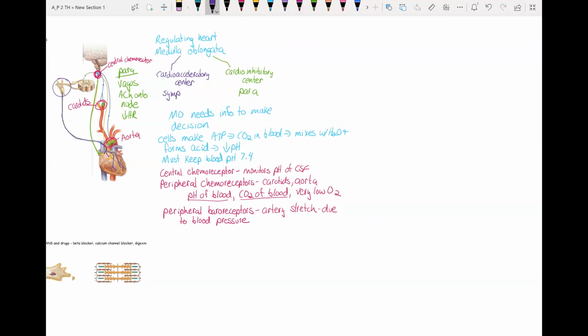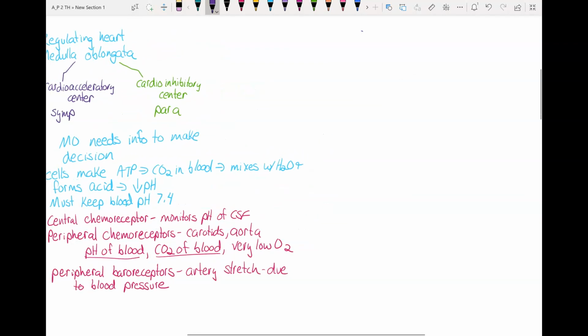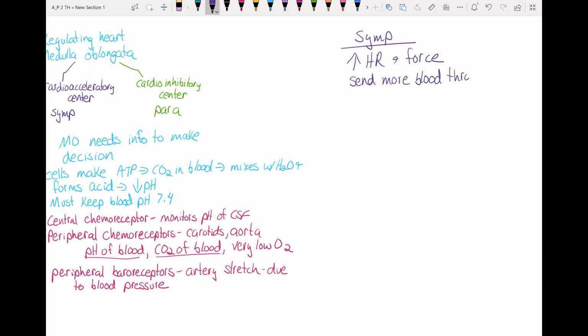If we use sympathetic, sympathetic is going to increase your heart rate and your force. This means you will send more blood through your lungs. If you're sending more blood through your lungs, you are going to remove more carbon dioxide.